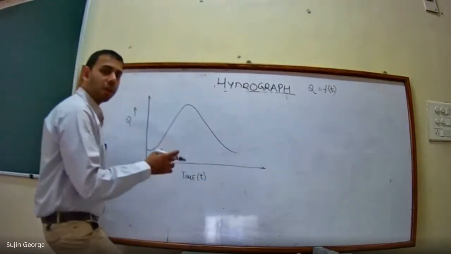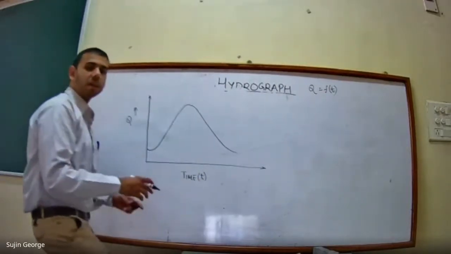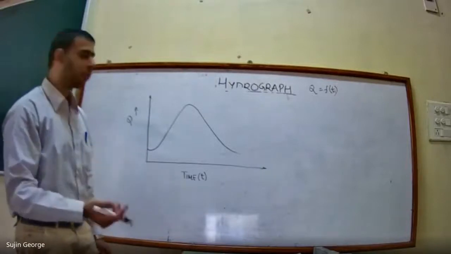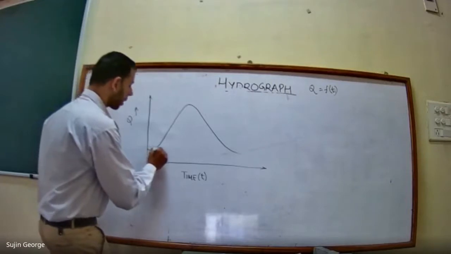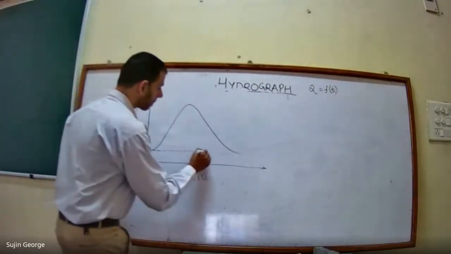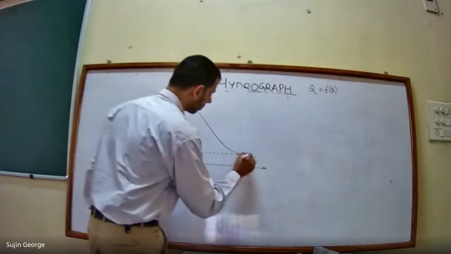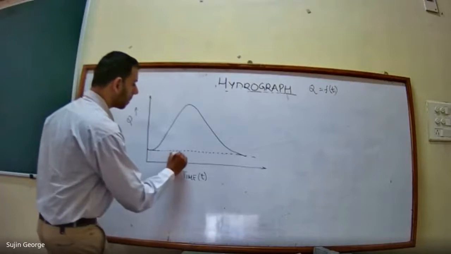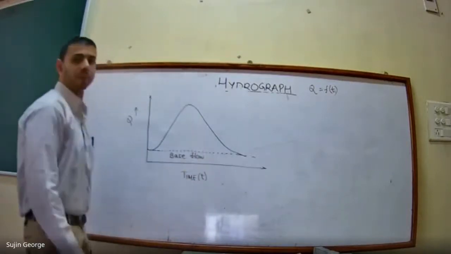The initial losses will convert into the groundwater flow, or you can call it the base flow. So this portion is considered as the base flow.